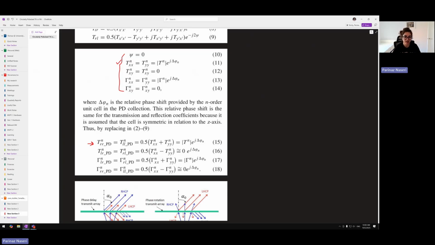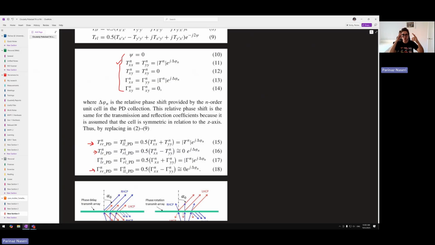Then you can say that if you have that situation, the cross polarizations in the circularly polarized wave are also going to be 0. And for RHCP to RHCP or LHCP to LHCP, you also have the same transmission coefficient that you have in the linearly polarized ones.